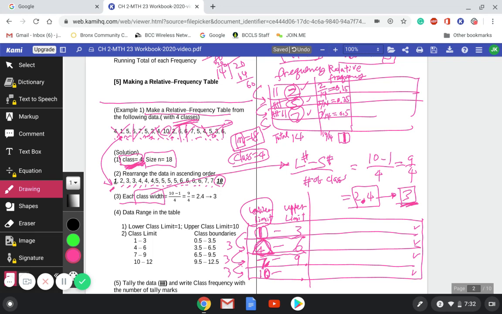And how do you find the very last one? Well, if I have a next class, it would be 13, right? So 1 less than 13, so it's 12. So that's how you find out the last one. I don't have a next class, but if I had it, it would be 13. So 1 less than 13 is 12. So that's how you fill out your class limits.